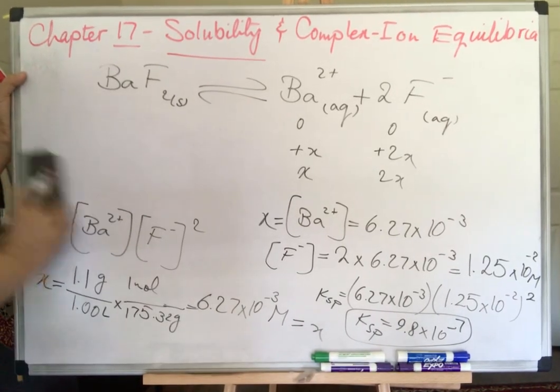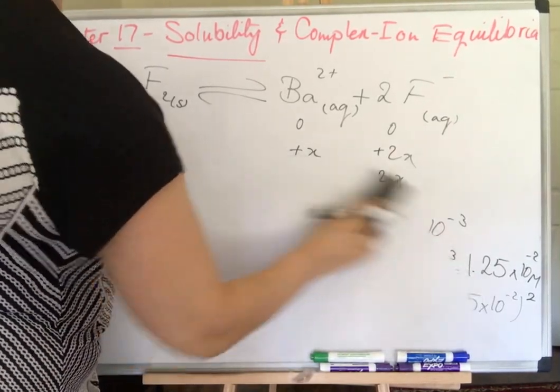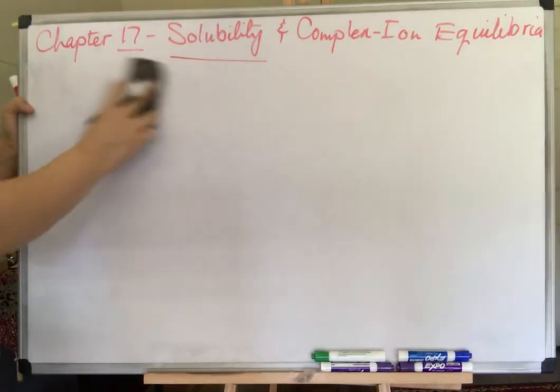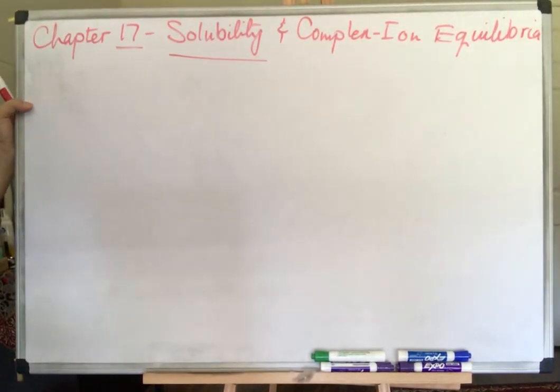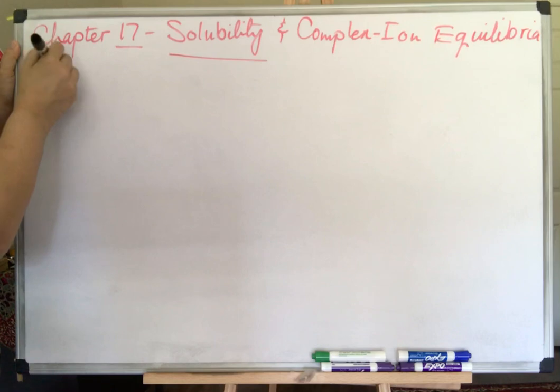Okay, very straightforward, giving you the molar concentrations or solubility in grams per liter, and asking for KSP. You can do it vice versa, finding molar solubility from KSP. The question given is on slide number 22.